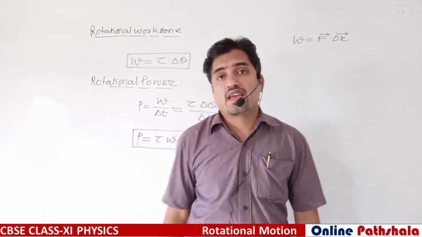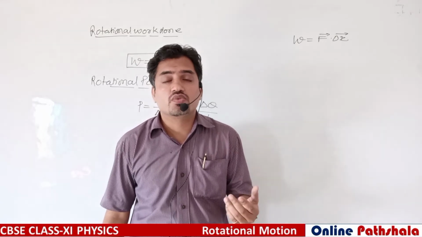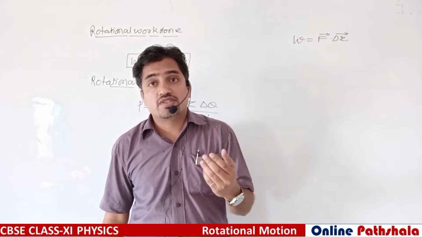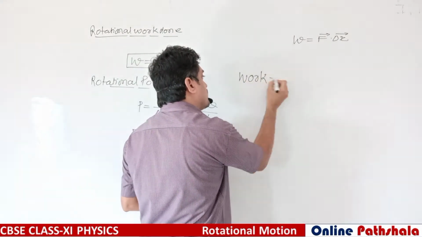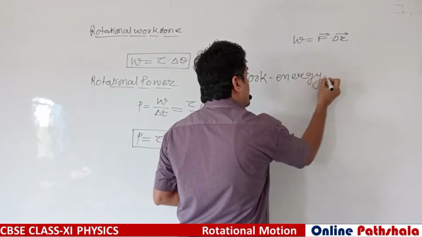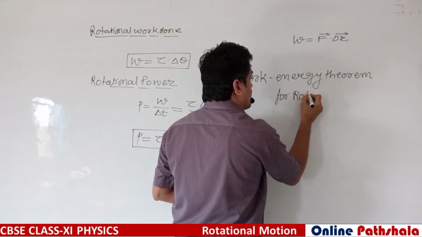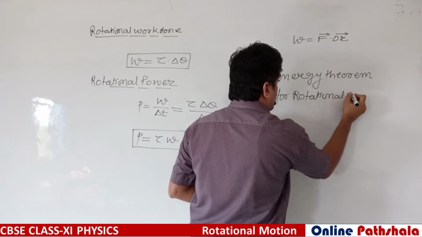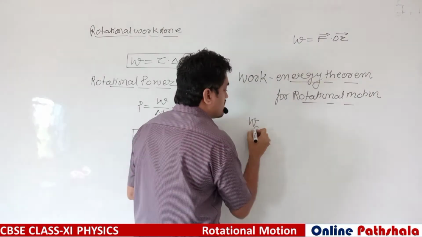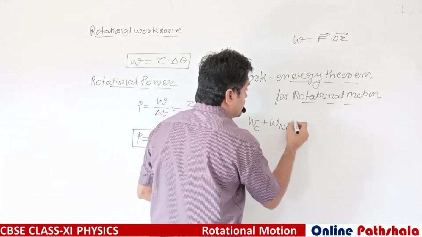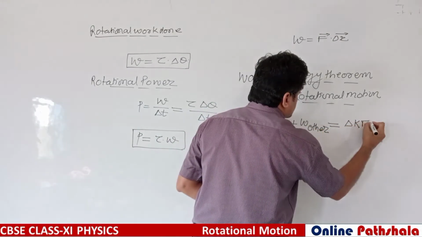As we can use the concept of work energy theorem in translatory motion, the same concept we can use for rotational motion. So the work energy theorem for rotational motion: work done by conservative force plus work done by non-conservative force plus work done by other kinds of force is equal to change in kinetic energy.